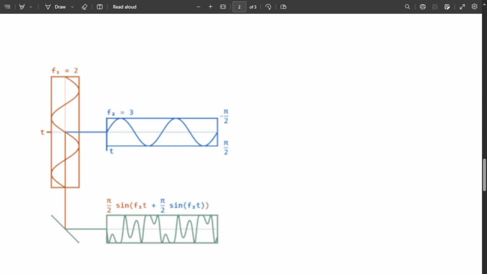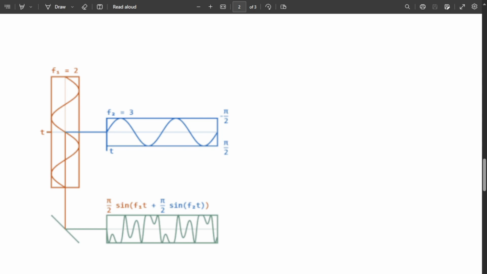The frequencies f1 and f2, the sine waves f1 and f2, are going to be changed with respect to the waveform, and this waveform is changing by the phase. Changing by the phase means changing the angle of it. The red one and the blue one, these are f1 and f2, right?